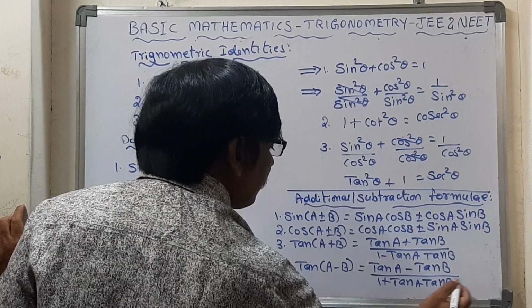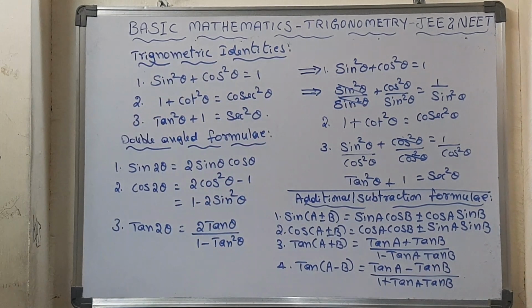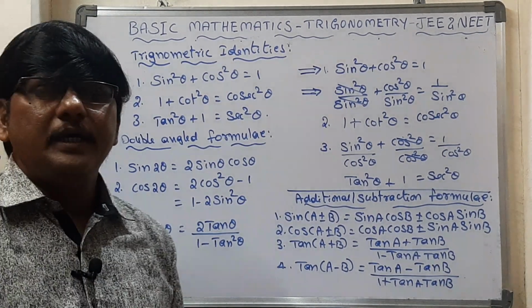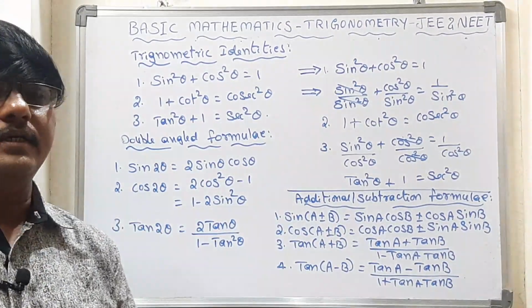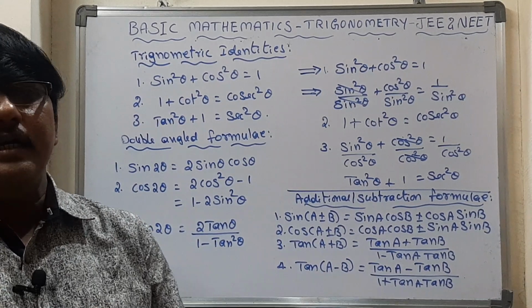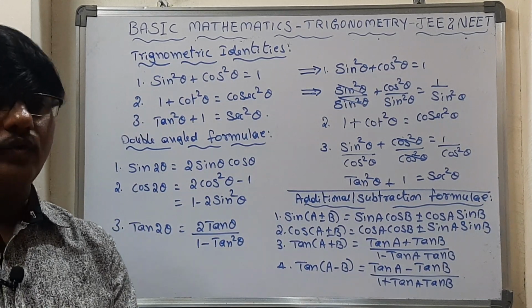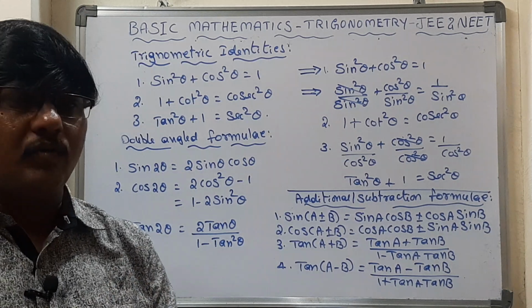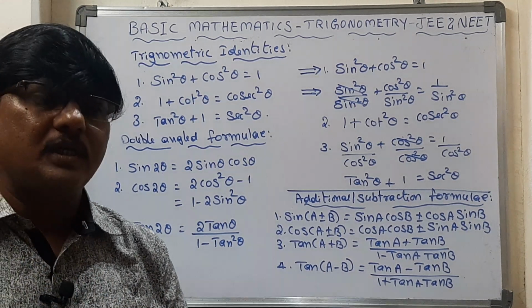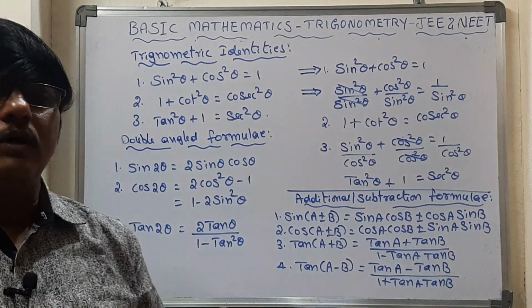Okay, so these are the basic formulas for trigonometry. Today we have discussed trigonometric ratios, trigonometric identities, double angle formulae, and addition and subtraction formulae. Just practice all these, because in physics these all come into the solving of applications, that is, numericals. So you have to practice all these.